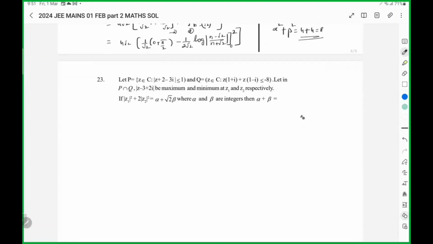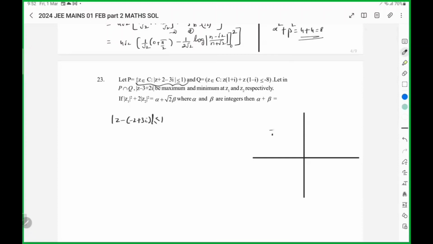Here it is. Complex number problem means, graphically, if you solve it, it reduces your time. First of all, what this represents is modulus of z minus 2 plus 3i less than or equal to 1.